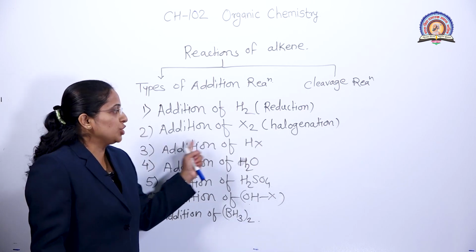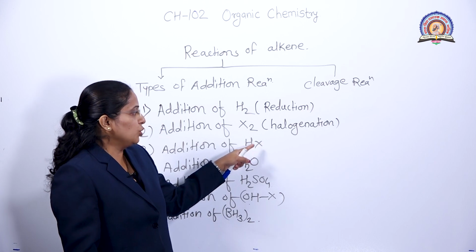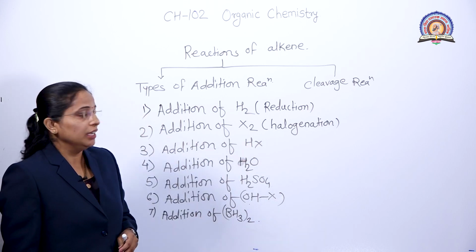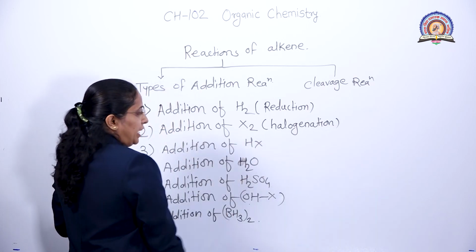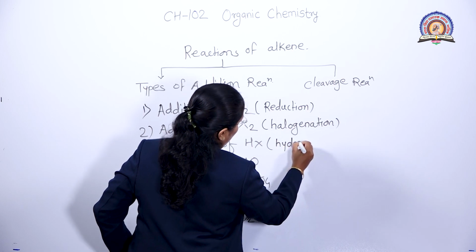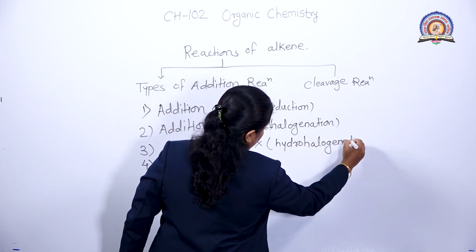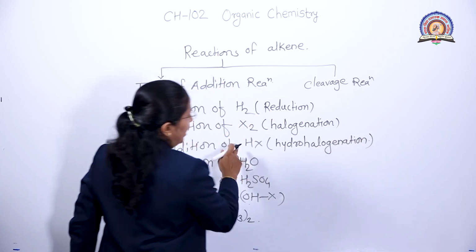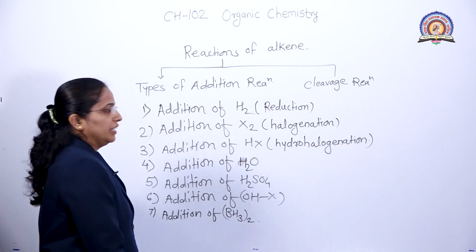Then the next is addition of HX. HX means halogen and hydrogen get added into the alkene, and there is a formation of hydrohalogenation reaction. So in the alkene we add H and X, that's why the name is hydrohalogenation reaction.